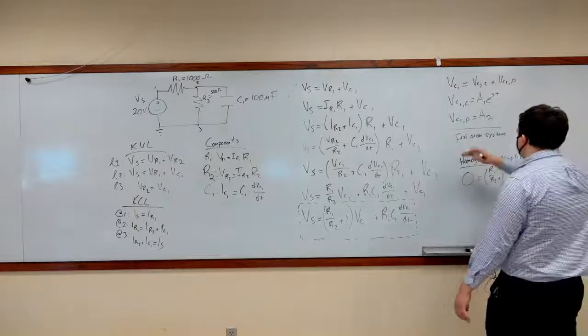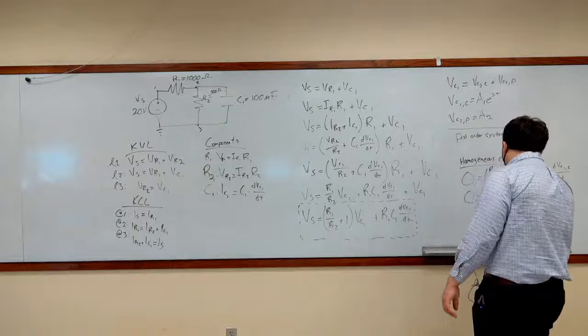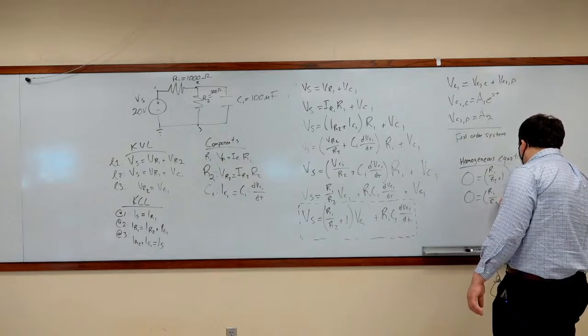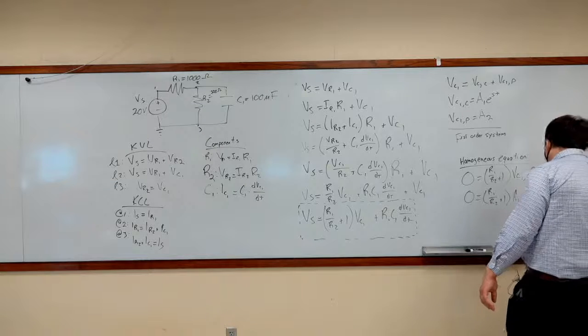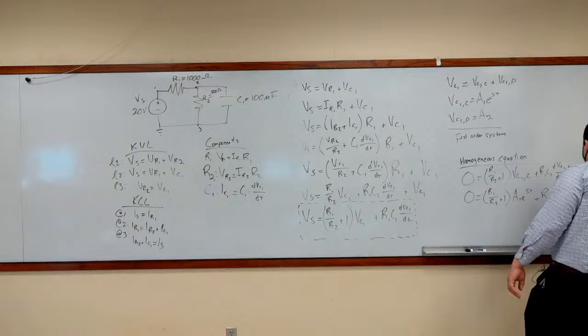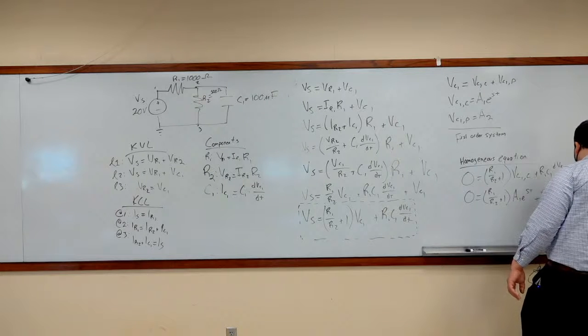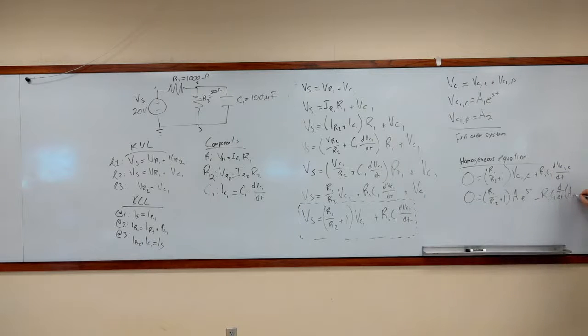Okay, so then I'll actually write out what VC1c is. 0 equals R1 over R2 plus 1 times A1 e to the st plus R1 C1 A1, d dt of A1 e to the st. What is the derivative of A1 e to the st?